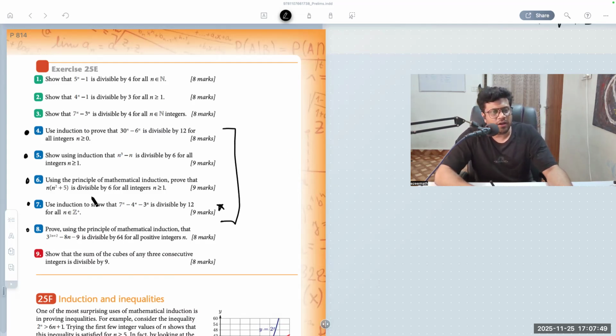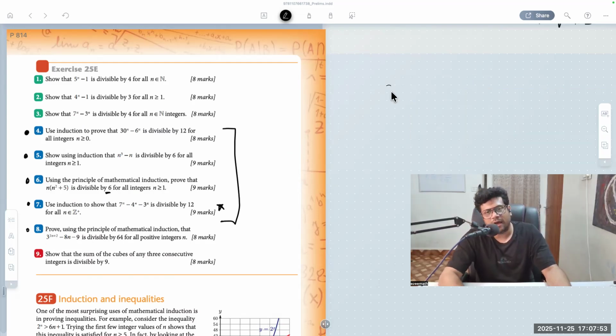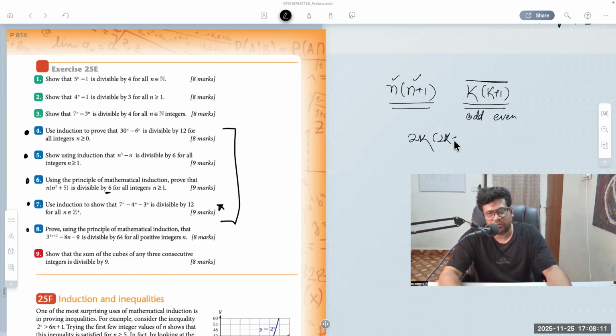Remember, for a term to be divisible by 6, if there is n into n plus 1, or k into k plus 1 in your proof, it means that these are two consecutive integers, and one of them being odd makes the other one even. If it's 2k times 2k plus 1, you know that 2k is even and 2k plus 1 is odd. And an even and an odd number multiplied will always be even.